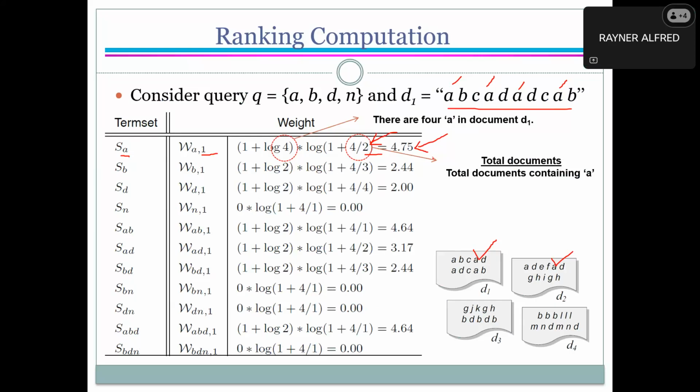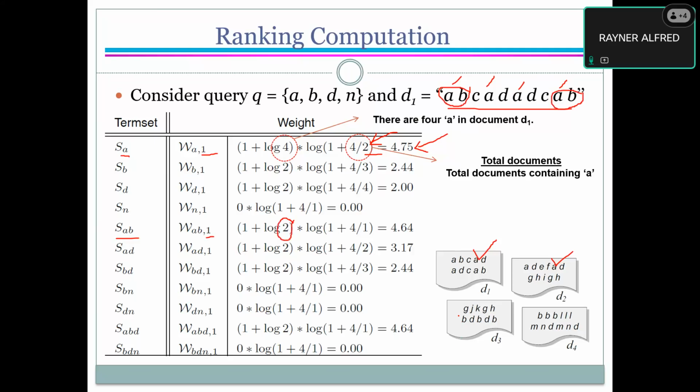Okay, let's test something else. Let's test this AB. This is with respect to document 1, right? So AB, how many times? 1, 2. AB. So that's why we have 2 here.